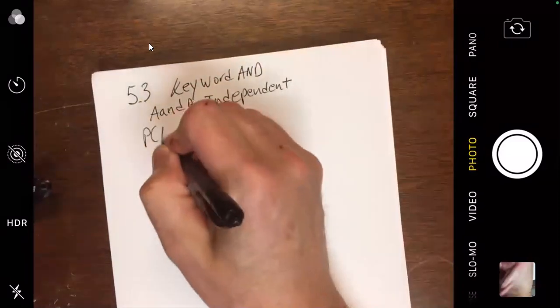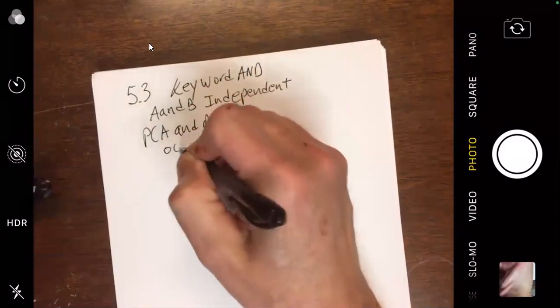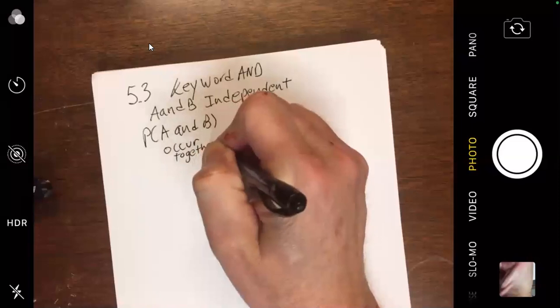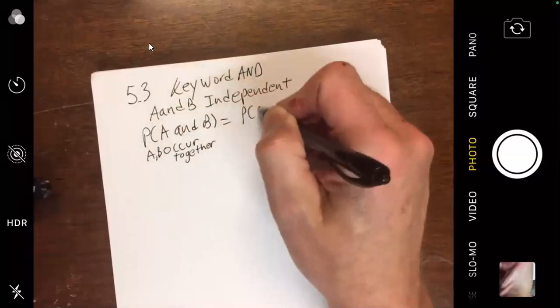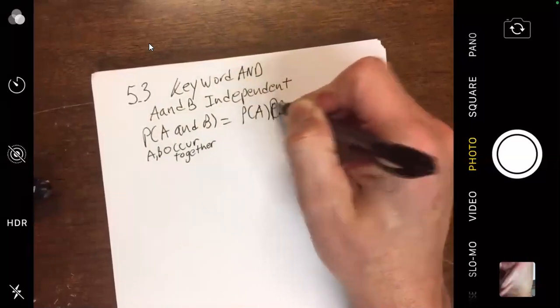Therefore the probability of A and B, which means they occur together, they simply multiply: the probability of A and the probability of B.